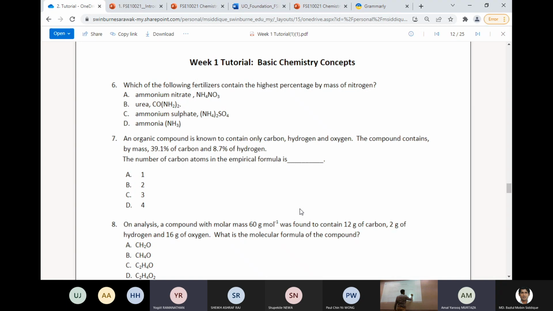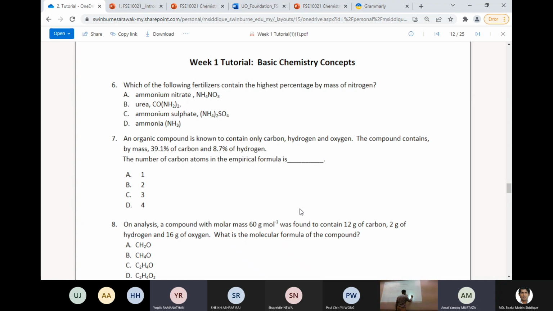Nitrogen is 14 over the mass of urea. What is the percent by mass of urea? This is urea: carbon is 12, oxygen is 16, nitrogen 2 times 14 is 28.